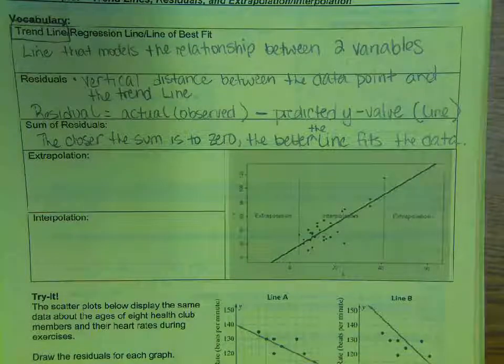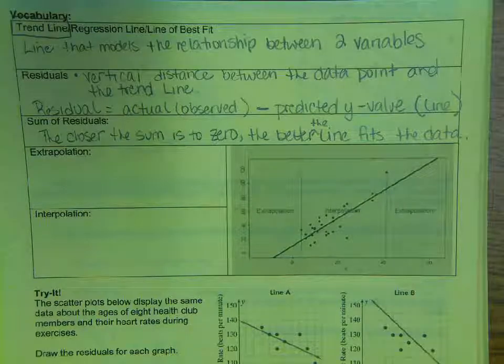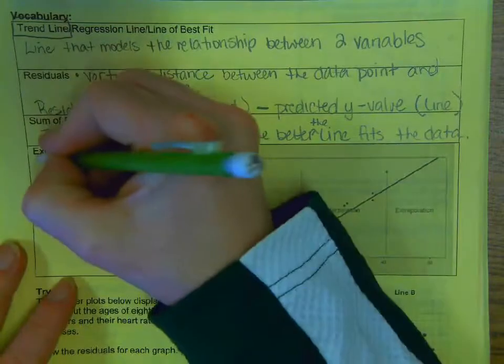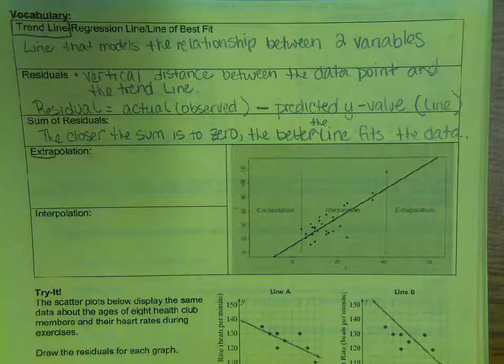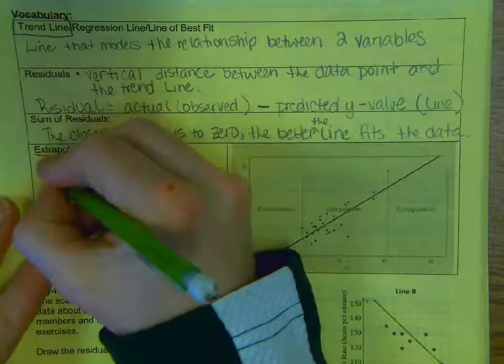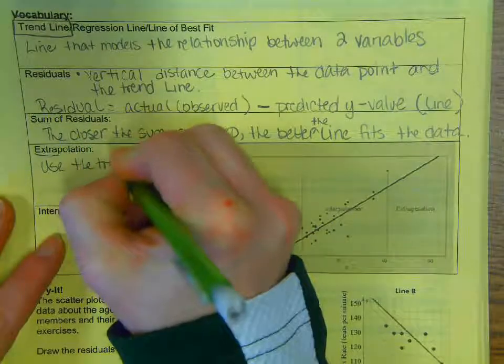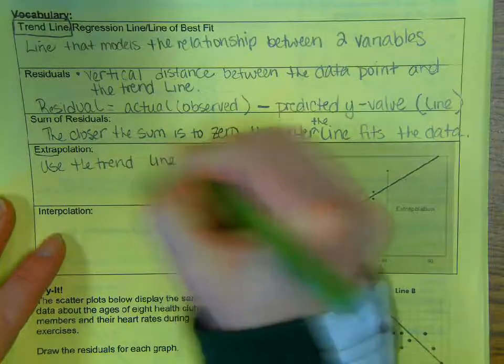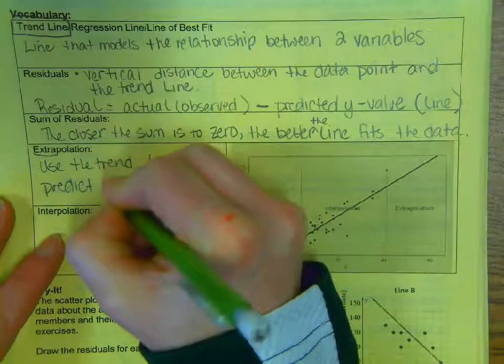Okay. Has anybody seen these two words before? Extrapolation and interpolation? No. What word do you see in extrapolation? Extra. If something's extra, it's beyond, right? Okay. So extrapolation is when we use the trend line to predict beyond the data.